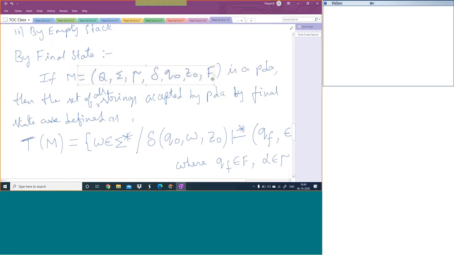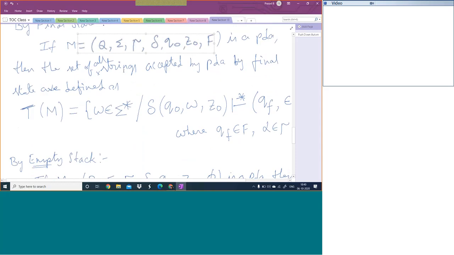Simply I am giving you the structure. The strings accepted by this PDA I am defining as T of M, where M is the machine. Strings means combinations of input symbols, w belongs to sigma star.